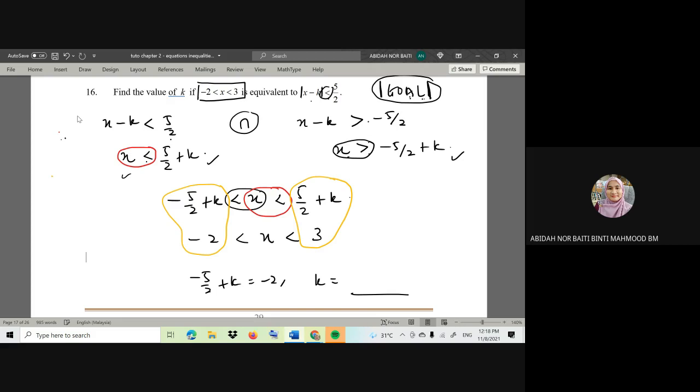So buat x subject. Satu positif, satu negatif. Jangan lupa tukar sign. And then we rearrange. Then we compare. Compare yang given lah, yang dibagi tu. Sebab X equals to X. Okay, so semua kita equal kan.